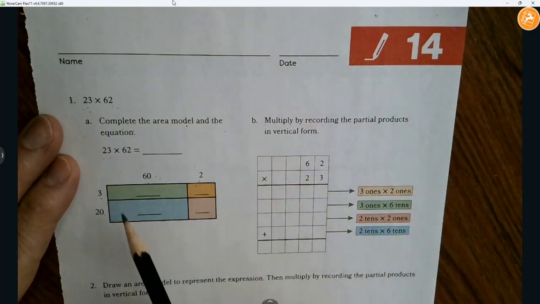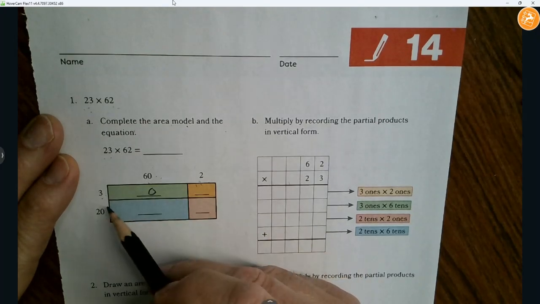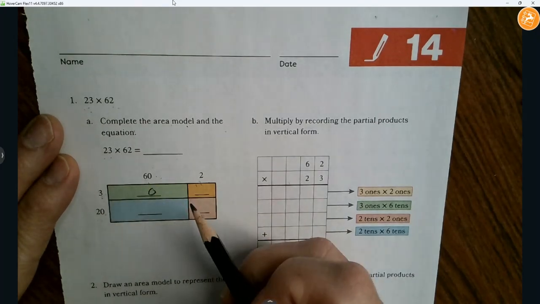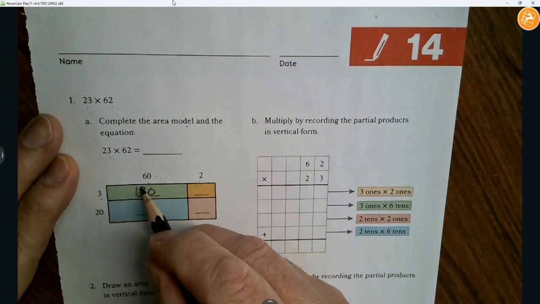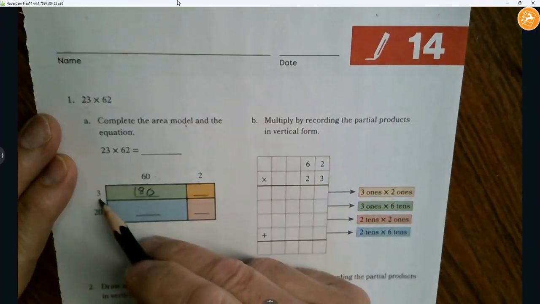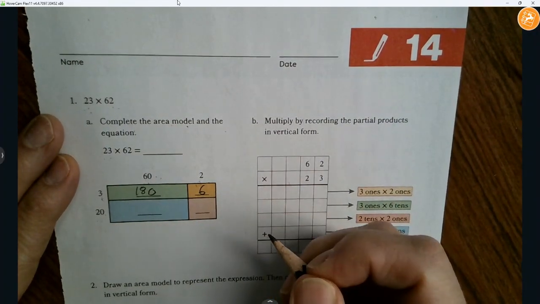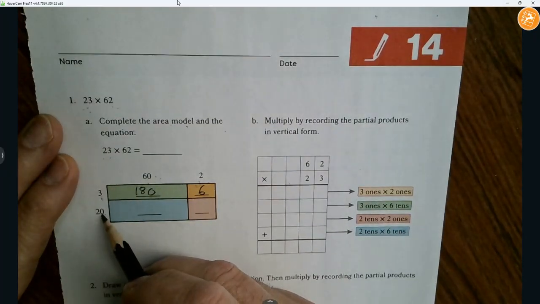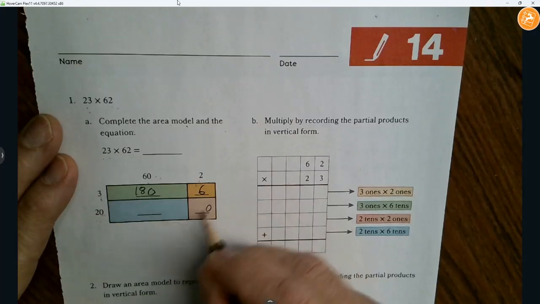So let's work this one out. Remember, if there's a 0, just put a 0. So 3 times 6 is 18. And 3 times 2 is 6. Now over here we have a 0, so we're going to put a 0 because there's already a 0 there.